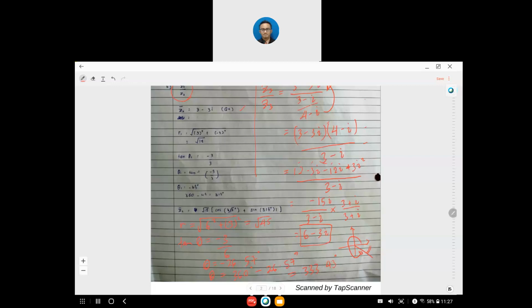It is negative 3, because i square is negative 1, so it becomes 9. Okay, 9 minus 12i divide by 3 minus I times by 3 plus I divide by 3 plus I. Okay, so this one you must correct the value here. Okay, wait, padam balik nanti pening.